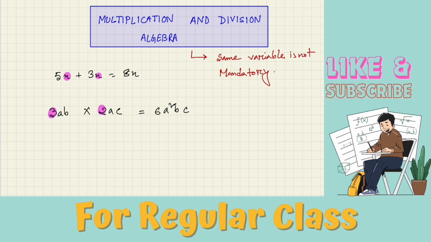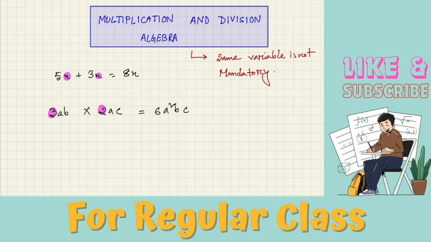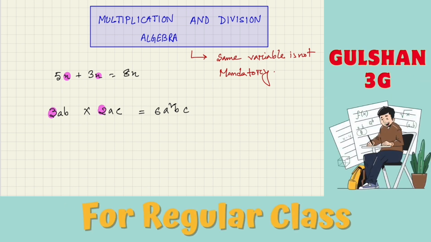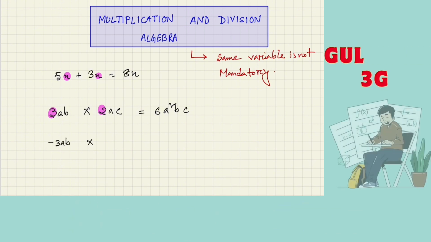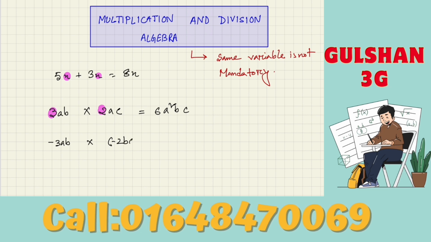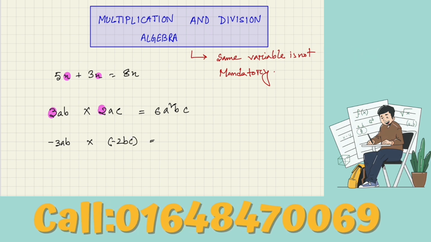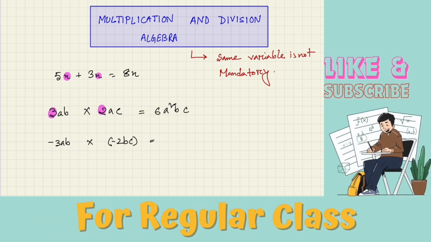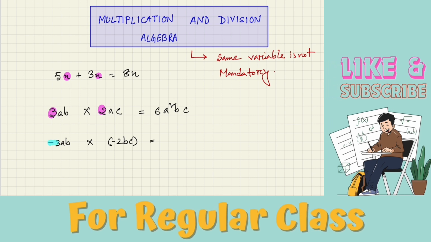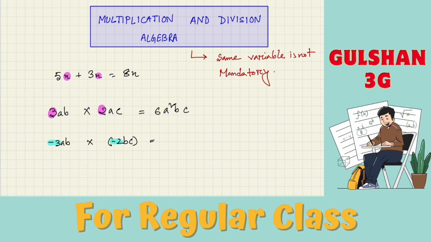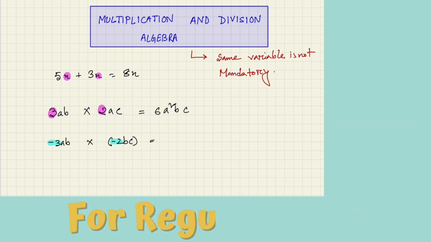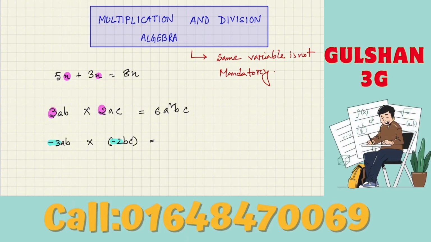If we use a negative number here, for example 3ab multiplied with minus 2bc. At first we have to consider the numbers: a negative number multiplied with a negative number, so the resultant number will be positive.